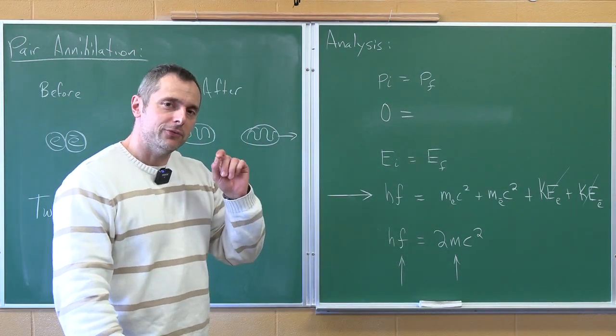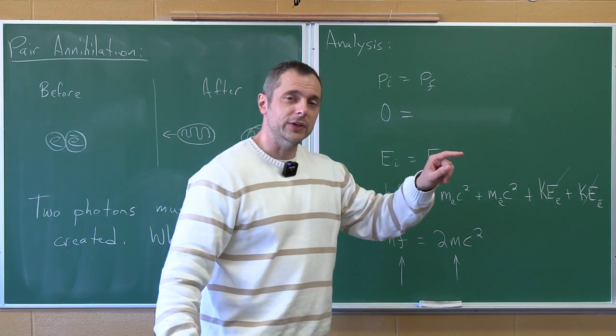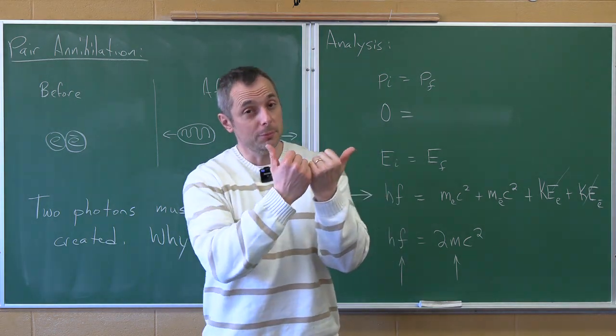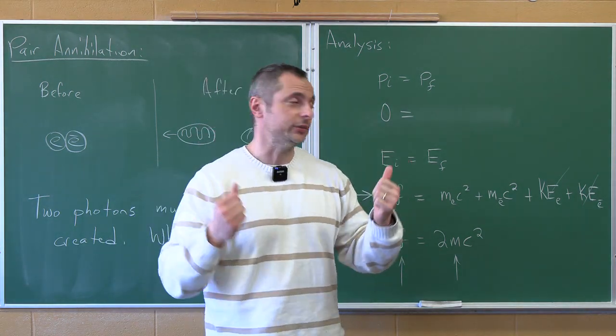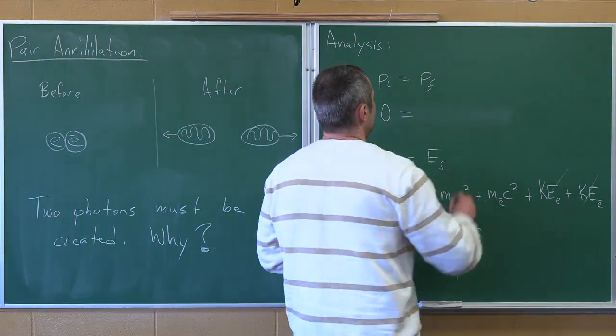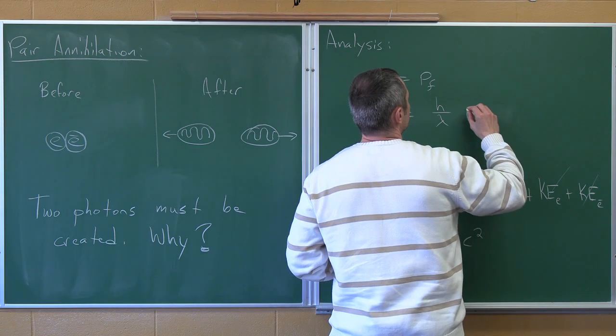And how could you have zero momentum with one photon, one object moving? You can't. If there is something moving, to have zero momentum, you've got to have something moving in the opposite direction. That's why we need two equal photons here. And remember that the momentum of a photon is h over lambda.